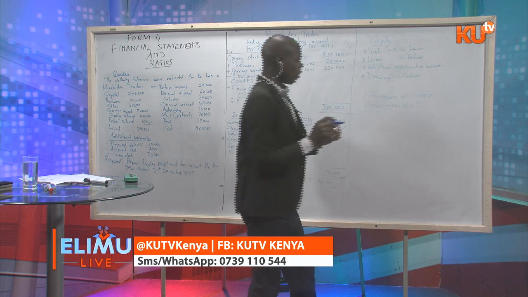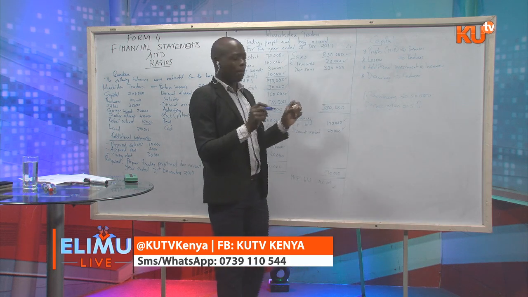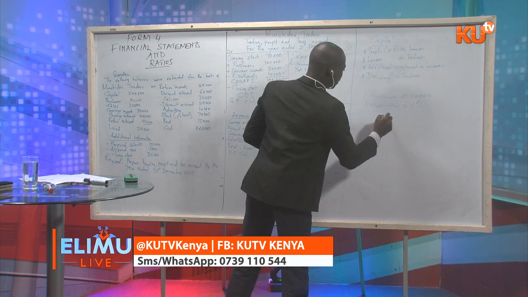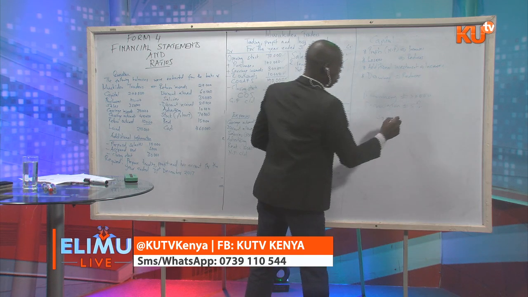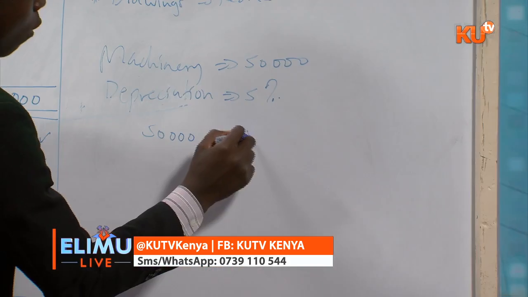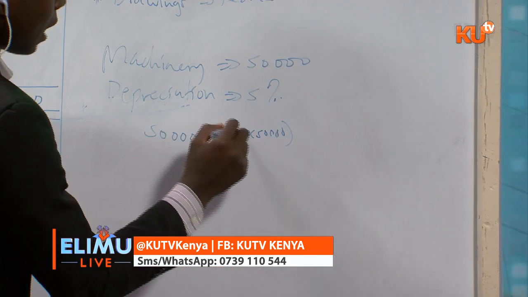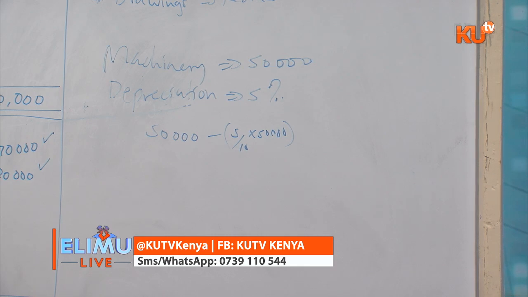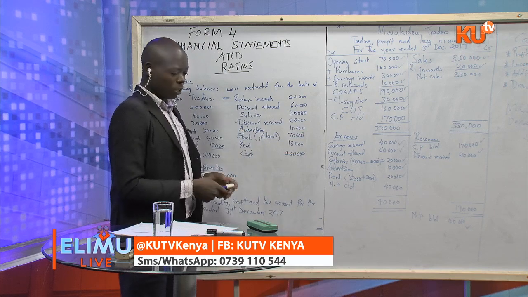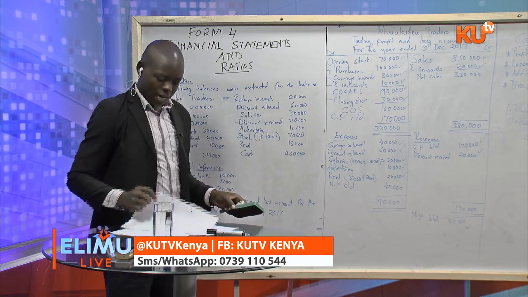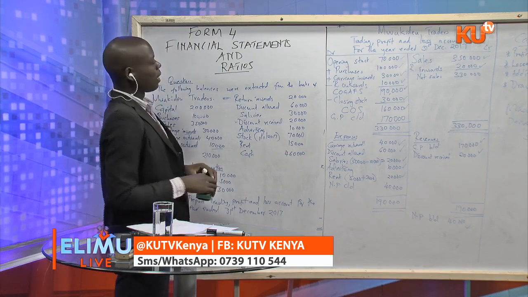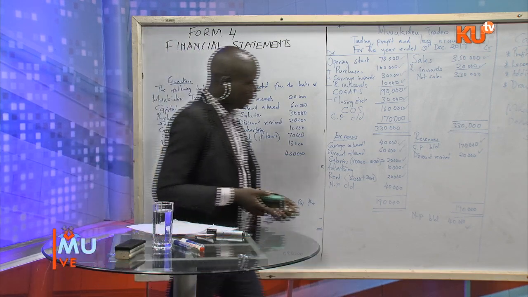Then to transfer machinery to the balance sheet, because that is an asset, you take the balance of the machine, 50,000, less 5% of 50,000. That is what you'll enter in the balance sheet: 50,000 less 5%. So that is what we need to understand in the preparation of the trading profit and loss account.